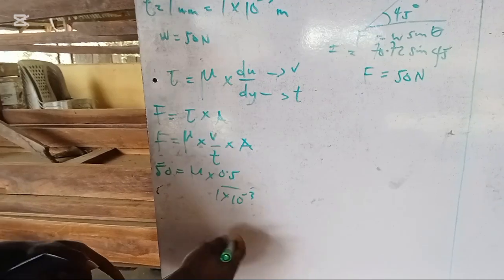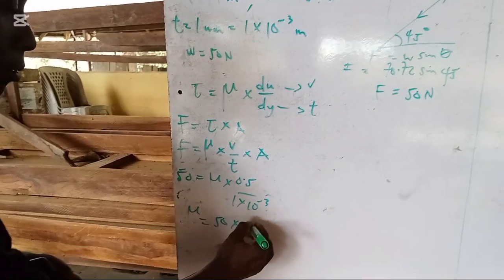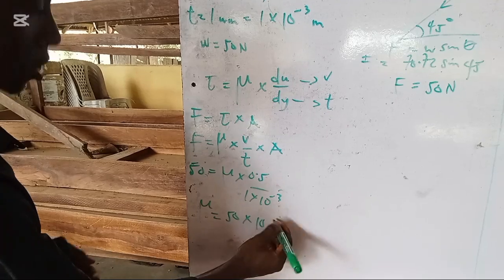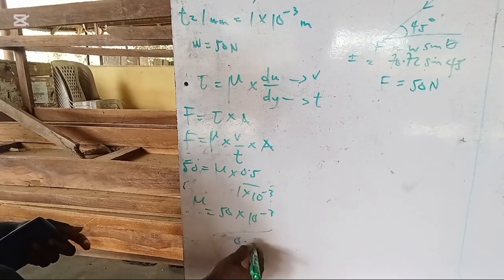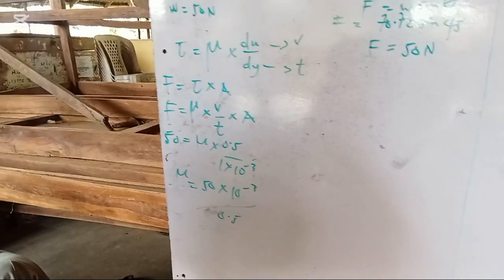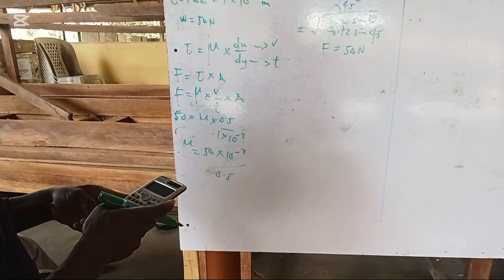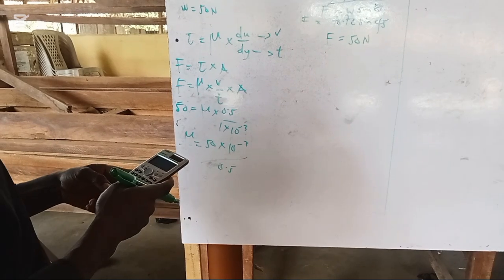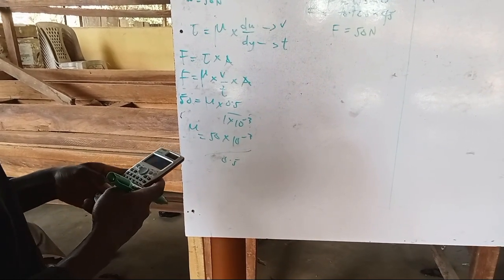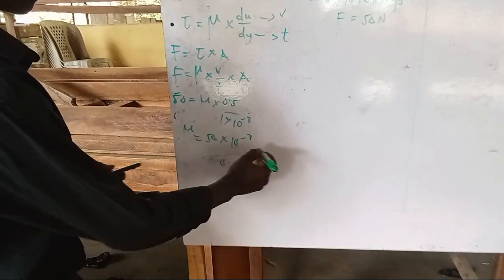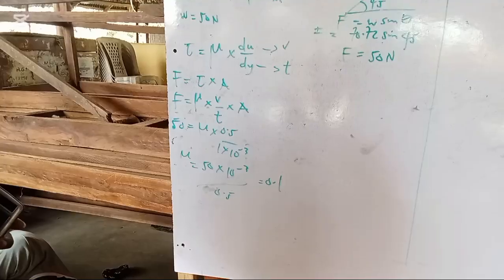Let us make use of the formula. It will be 50 multiplied by 1 times 10 raised to the power minus 3, all over 0.5. Let's work that out now. We get 0.1.